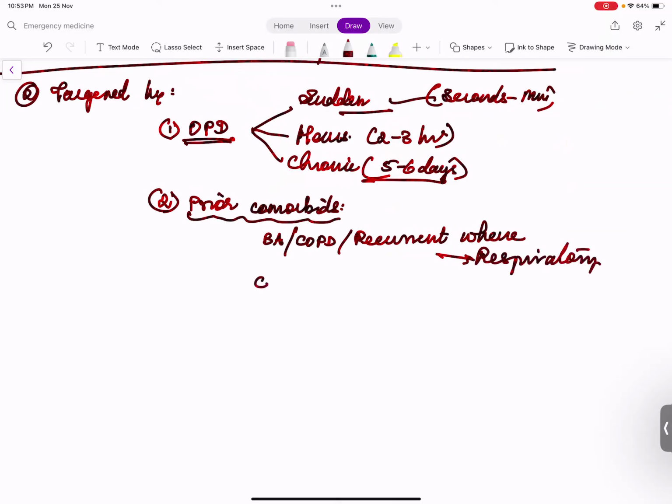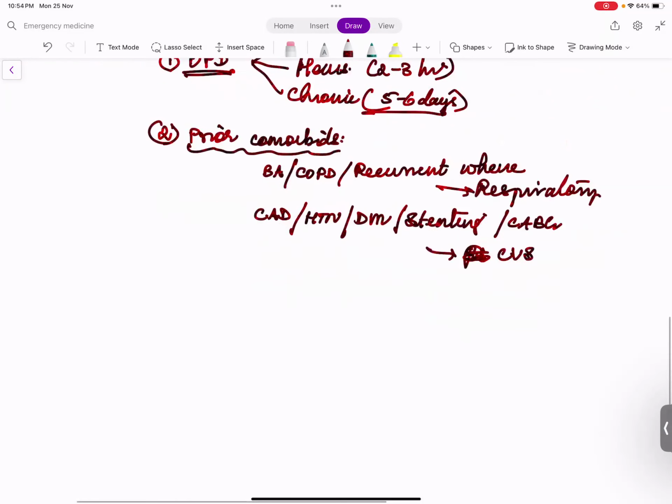Suppose they are telling a history of coronary artery disease or uncontrolled hypertension or diabetes or any previous history of stenting or cardiac bypass surgeries, and they present with breathing difficulty, then probably it is a cardiovascular case. Of course, in old age, both can coexist.